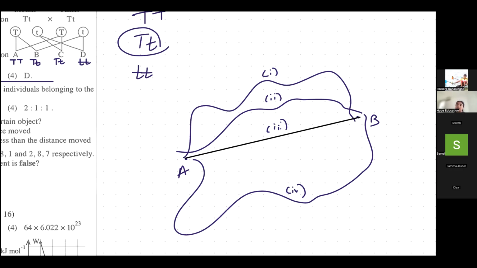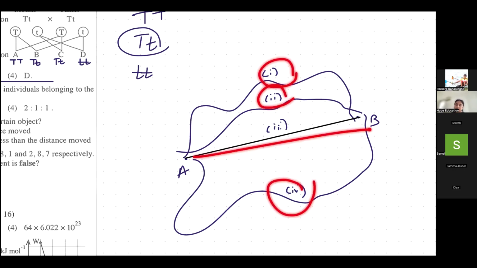Yes, all 4 of them are distances. Distance can be any length between 2 points, right? Then what can we take as the displacement here? The third one is the displacement. So distance can be greater than the displacement. If you take the first, second and fourth paths, each distance is greater than the displacement.